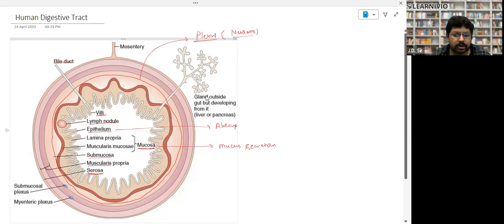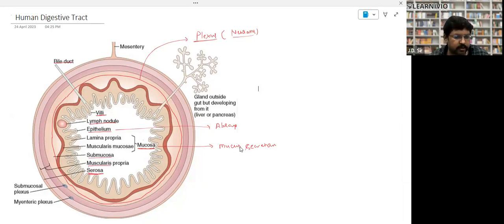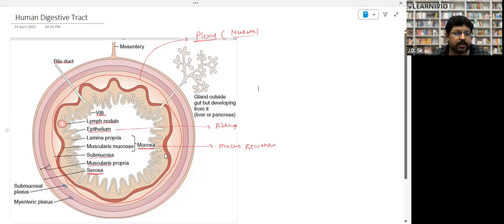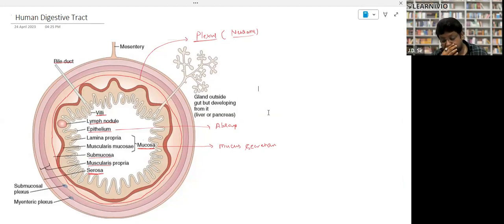These plexus are responsible for movement and control of the intestine. Remember their position, where they are actually found. They are responsible for controlling hormone and enzyme secretion and movement of the gut.